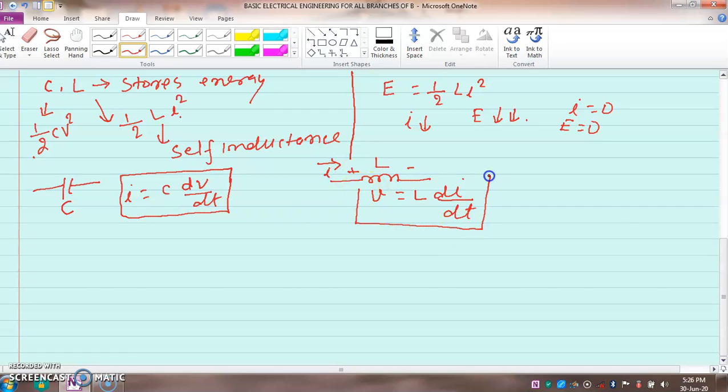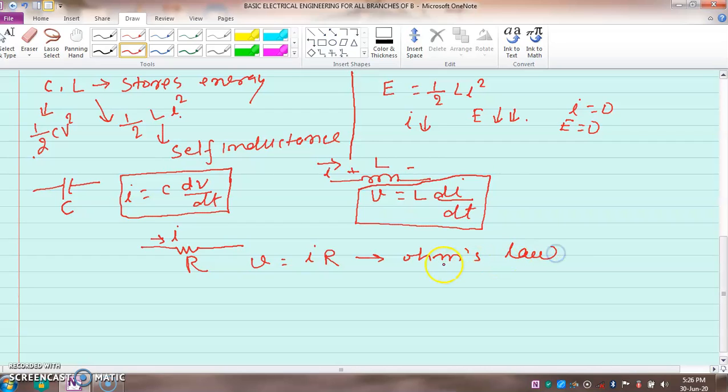This is another relation needed to solve problems. And for resistance, current I is flowing, so voltage equals I multiplied by R, which is nothing but Ohm's law.